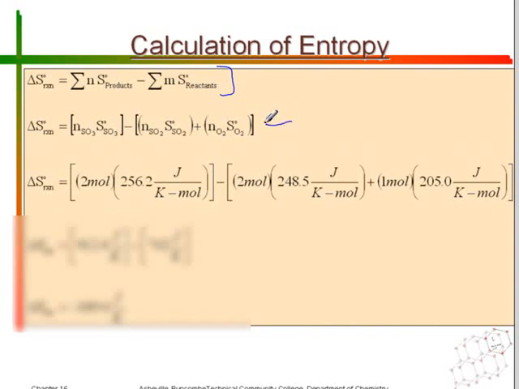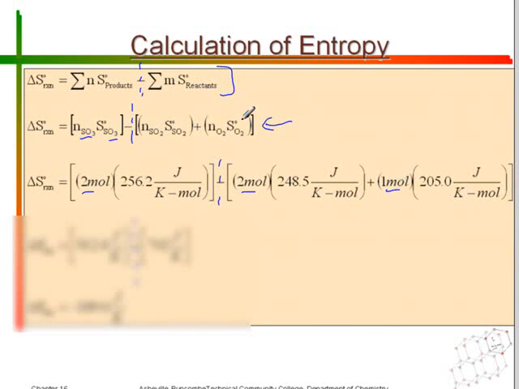There we have the breakdown again, same layout. We have the reactants on this side, the products on this side. Notice the subscripts here. Let me throw in the dotted line so you can keep track of everything a little better. Again, the 2 and the 1 mole here come from the balanced equation.